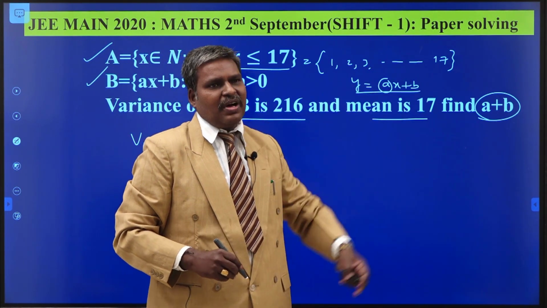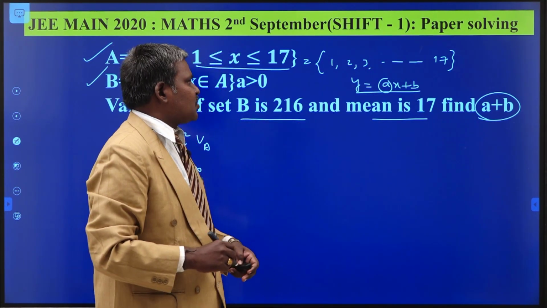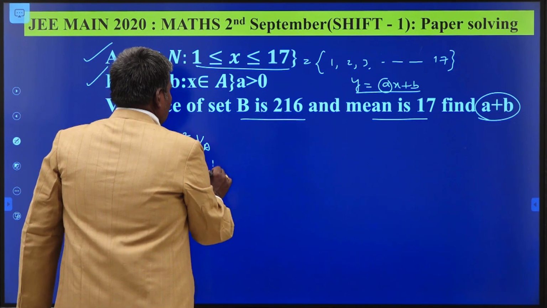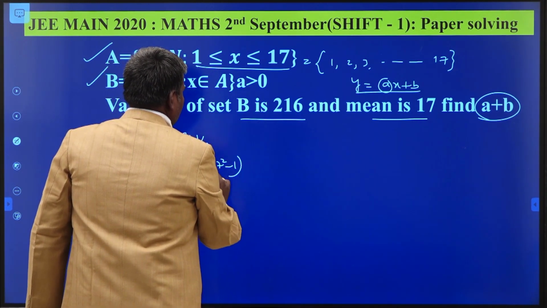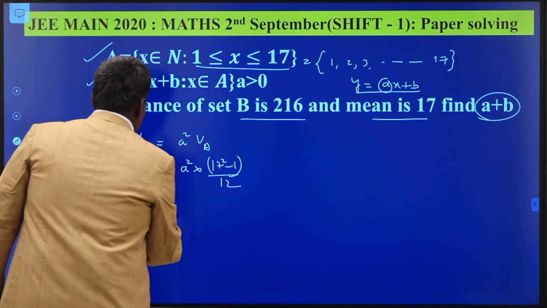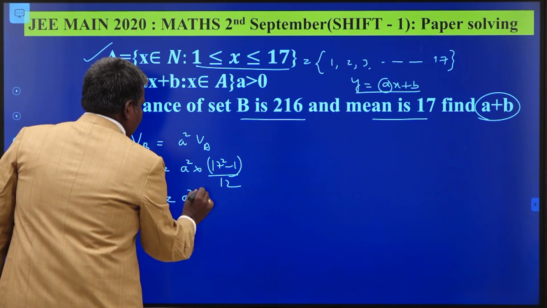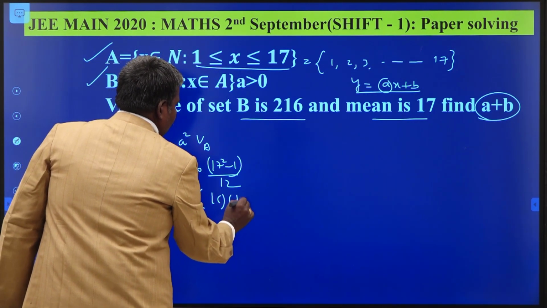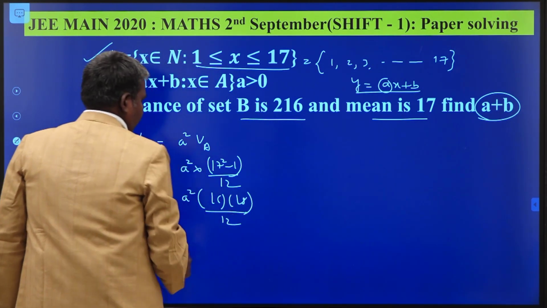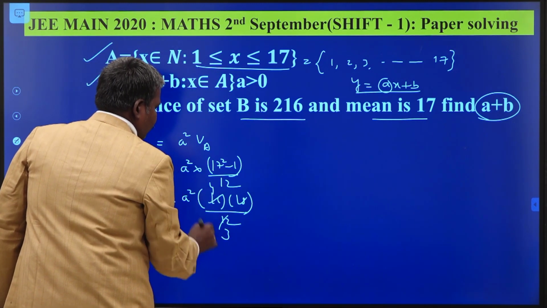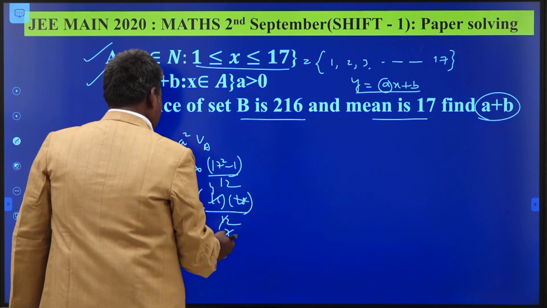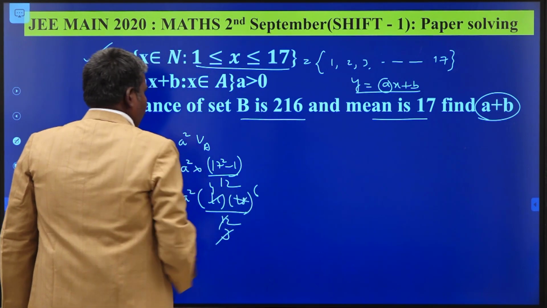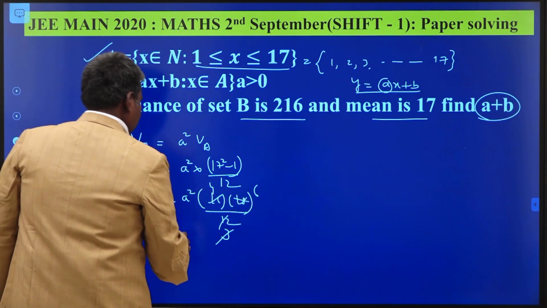The variance of the first n natural numbers is nothing but n square minus 1 by 12. So 17 square minus 1 by 12 itself. 216 is equal to a square into 16 into 18 by 12. 4 3s are 12, 4 6s are 24.